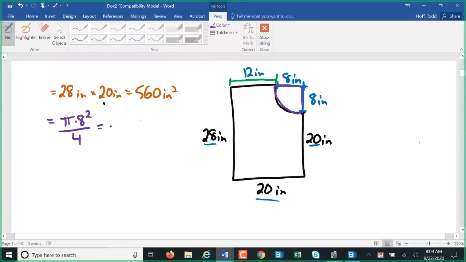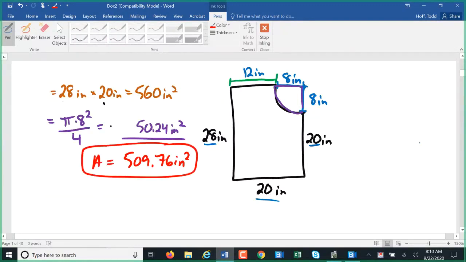And what does that end up being? 50.24, I believe, square inches. We subtract that out to give us an area of 509.76 square inches. So circles, because of their consistency in dimensions, are a very useful tool when finding missing dimensions and areas.